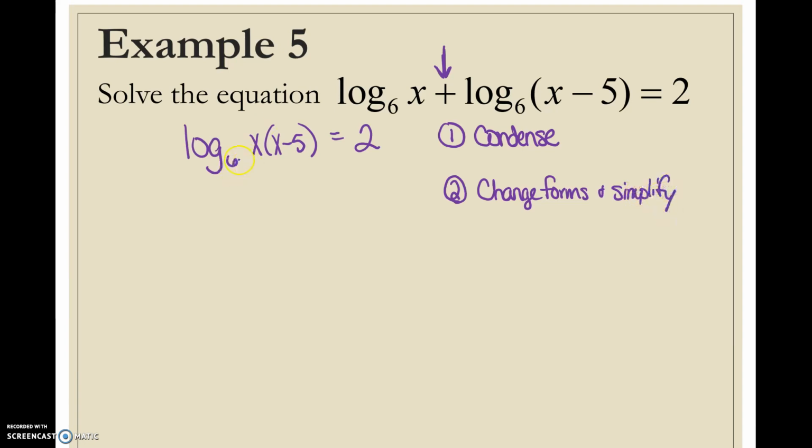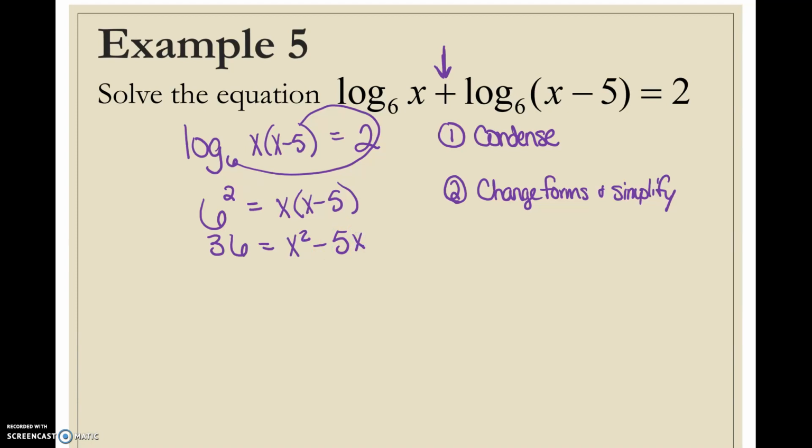So 1, 2, 3, woo! 6 squared equals x times x minus 5. 6 squared is 36, and we can distribute to get x squared minus 5x. Anyone have any guesses what we're going to have to do next?